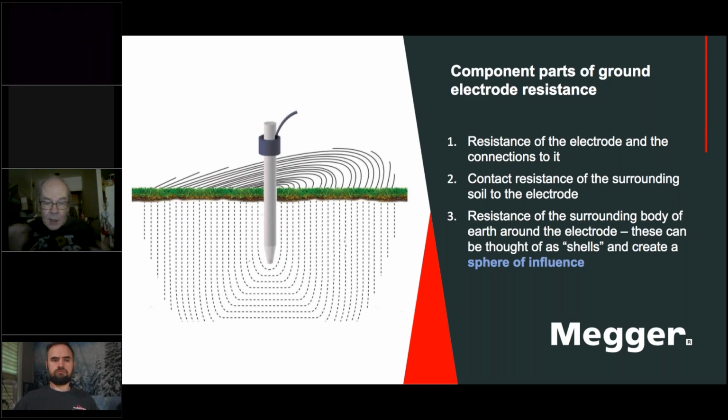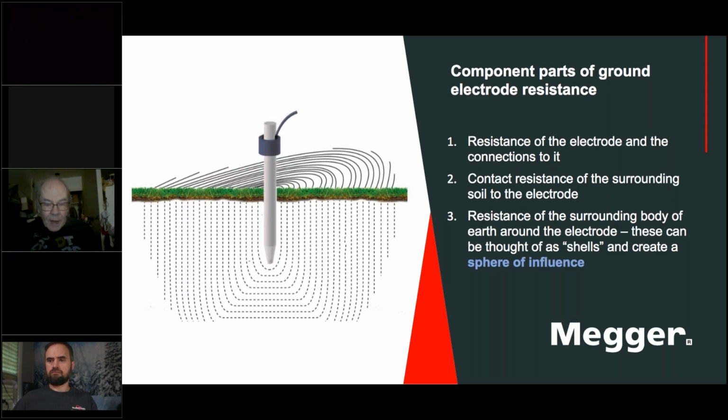But as it gets further and further away, initially, of course, the resistance is going to rise because there's going to be more and more earth for the current to travel through. But here's the critical point. If that continued to rise forever, there would be no point in grounding a system.